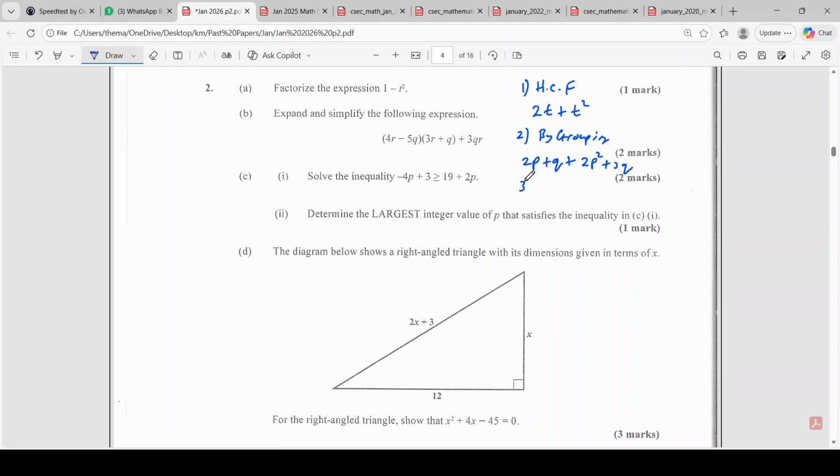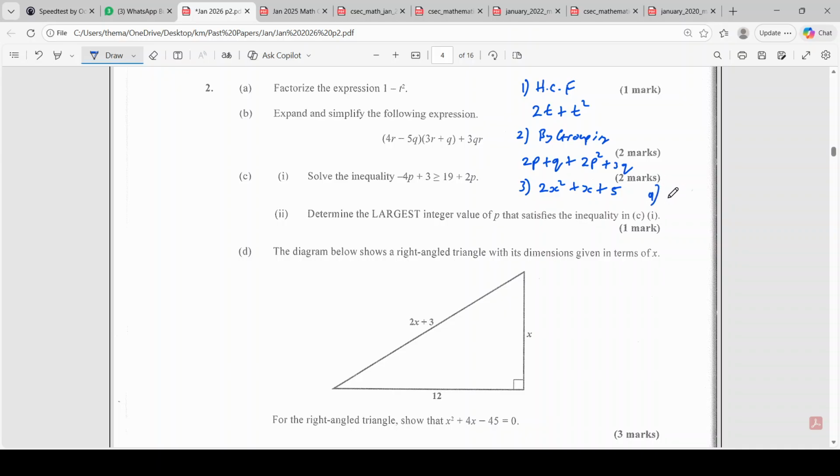The third type is quadratics. If we see 2x squared plus x plus 5, this one is by quadratics. And for this one, we have to look for 2 numbers that multiply, giving you AC, and add, giving you B.